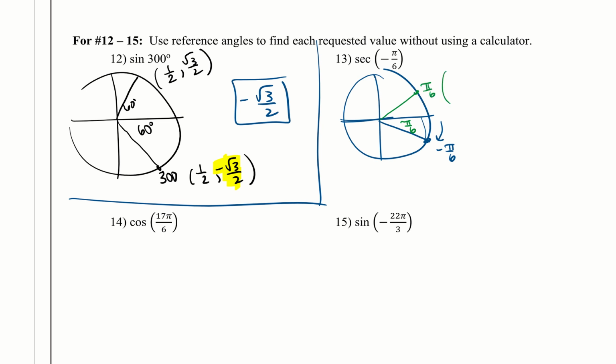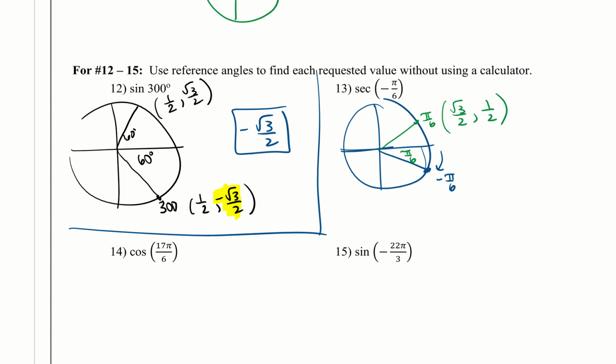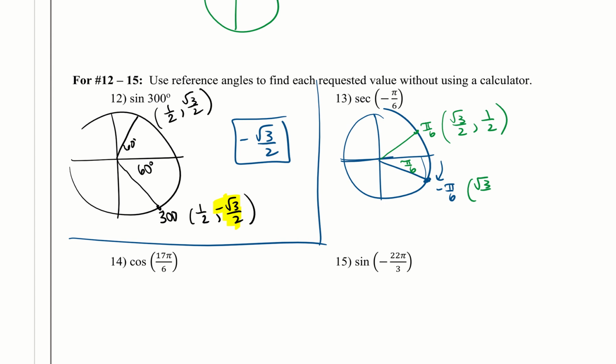And for pi over 6, if we do 3, 2, 1, and 1, 2, 3, this is for pi over 6. Now we're going to do negative pi over 6, and in this quadrant, what we'd end up with is the sign is negative. We want the secant, which is the reciprocal of the cosine. So I'm going to do 2 over root 3 and rationalize it.